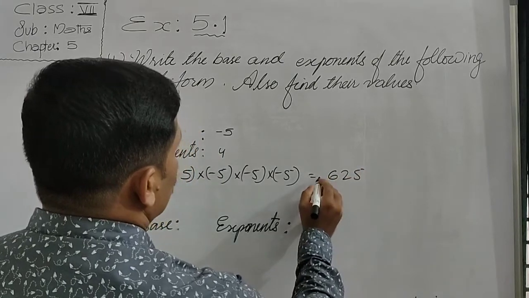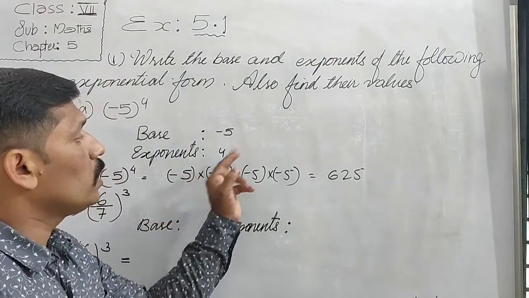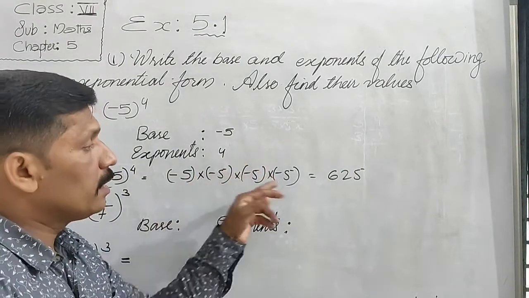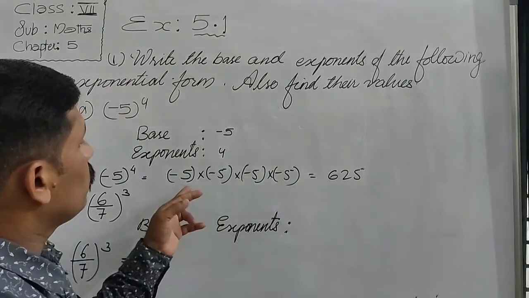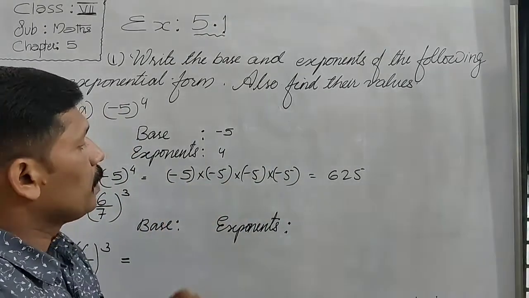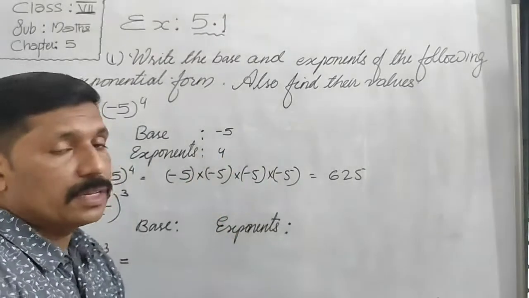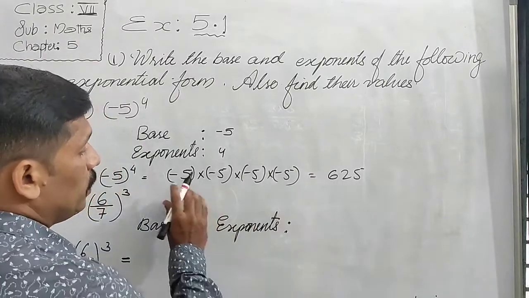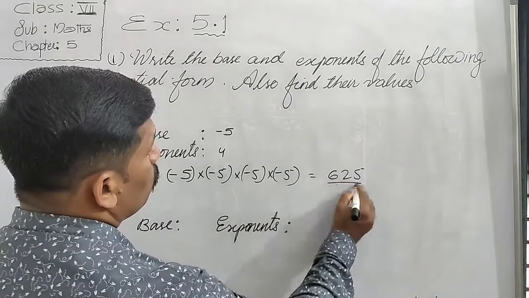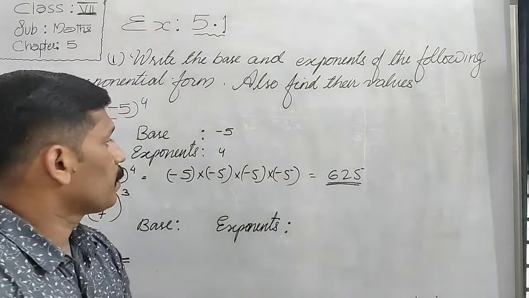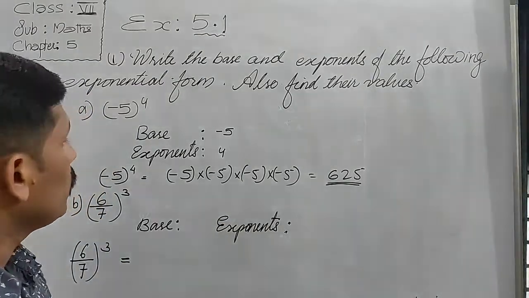I told you the property: if a negative number has an even exponent, the result will be positive. So here it changes to positive. Negative into negative is positive, positive into negative is negative, negative into negative again is positive. So positive 625. In this way we can find out the value of a number.